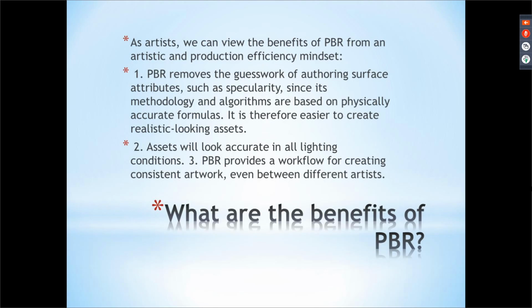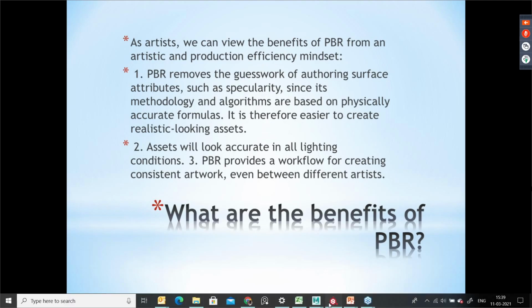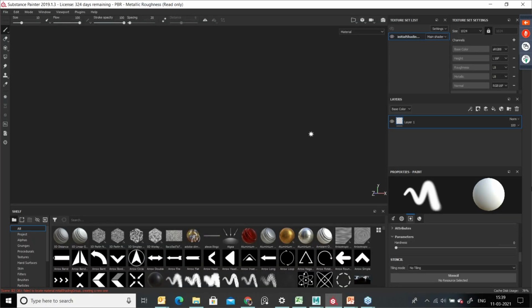So now, without delay, we will move to Substance Painter. Here is the Substance Painter interface. We'll discuss how we can interact with it and how the interface works, and then we will move to the tools. Okay, this is very easy.